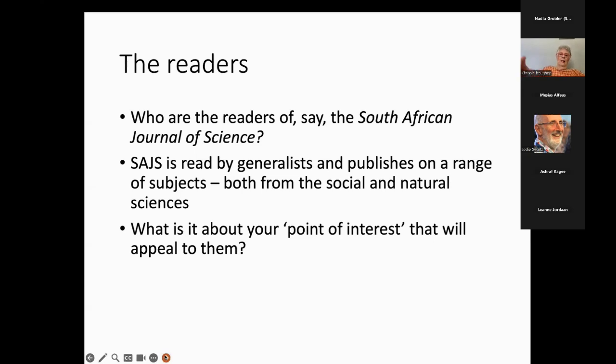So I might begin by embedding what I have to say, locating what I have to say in these broader issues. And so what I'm doing is I'm thinking hard about what it is about my point of interest, my focus, that will appeal to these people who don't work in my field at all.